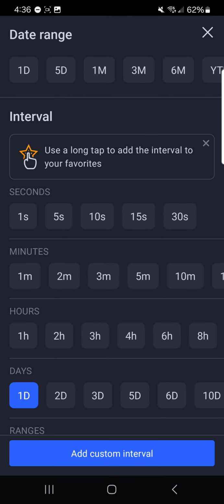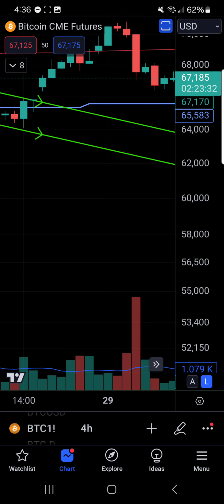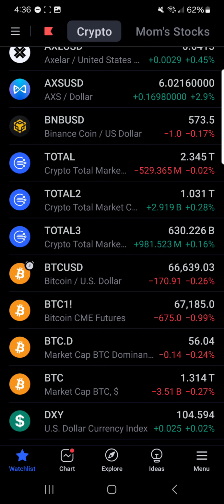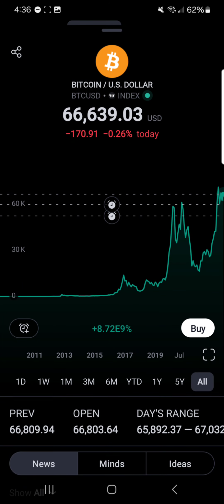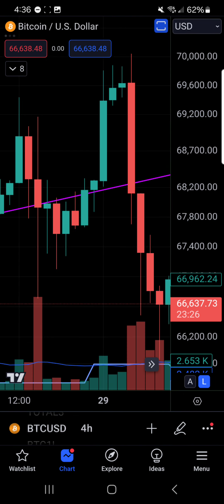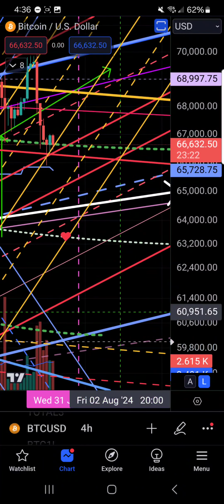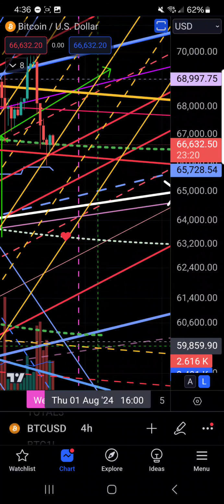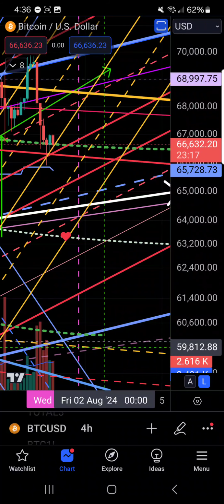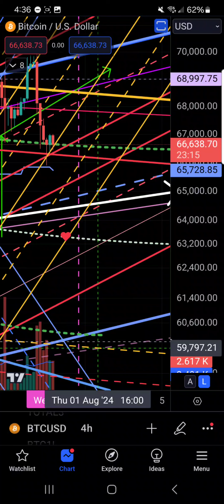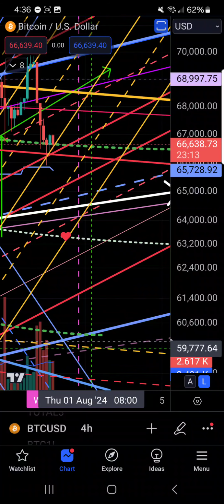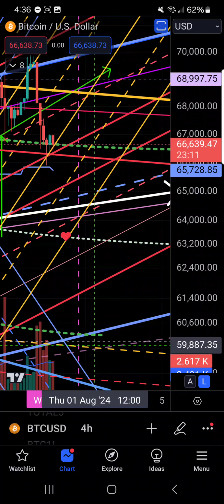I did the wrong thing just now, and to get out of it, let's just do this. I meant to hit that button there. So 59.8 is right here at this orange dashed line.